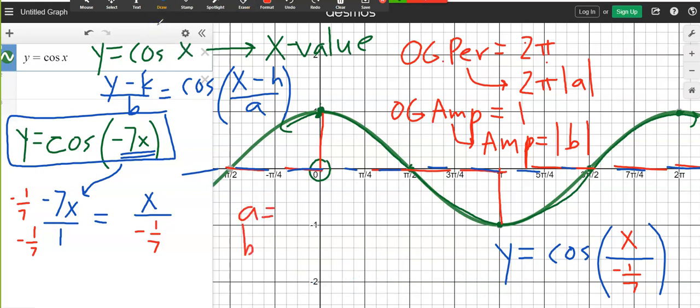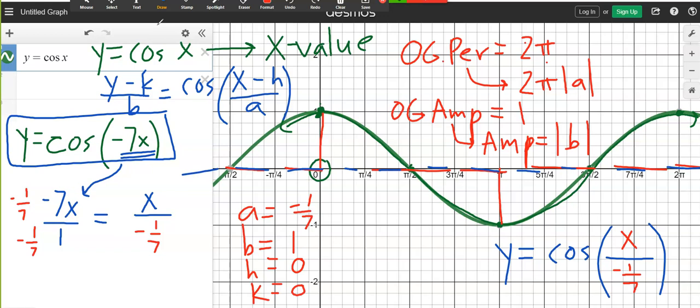A, B, H, K. What's A? A equals -1/7. Good job. B equals 1. H and K equal 0.